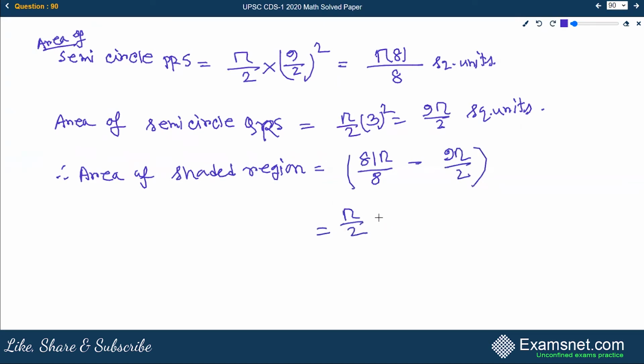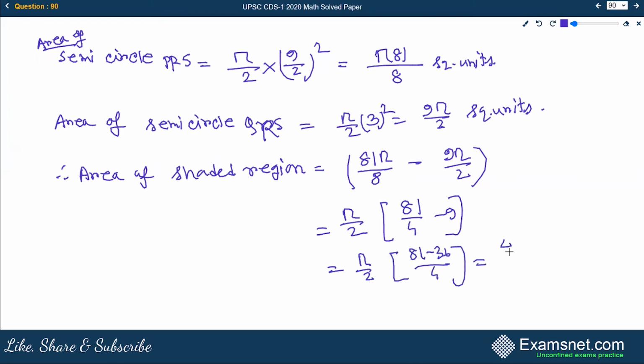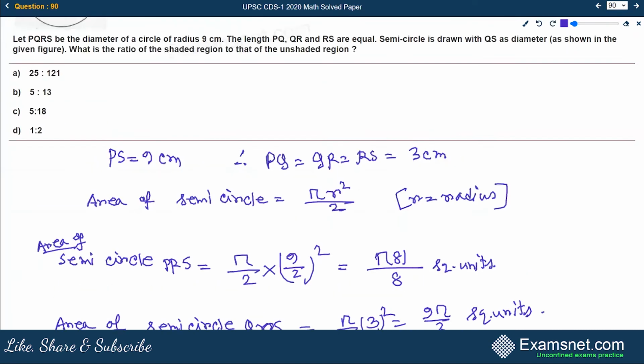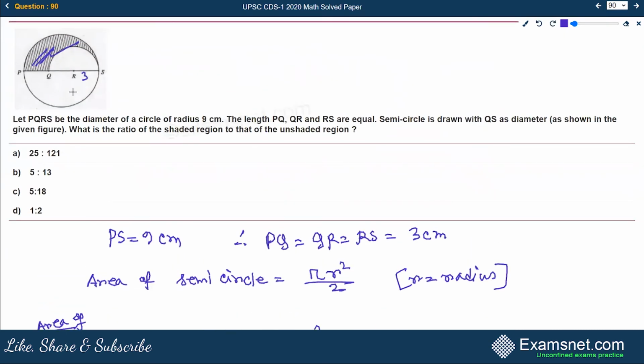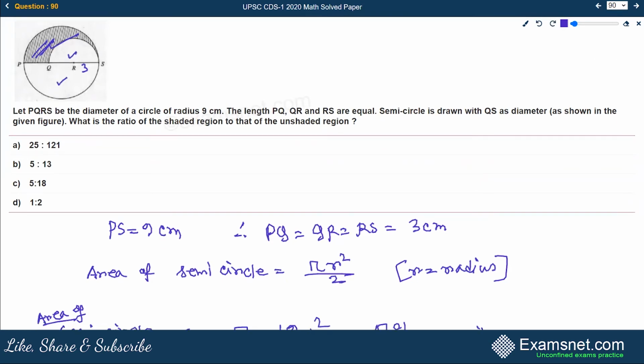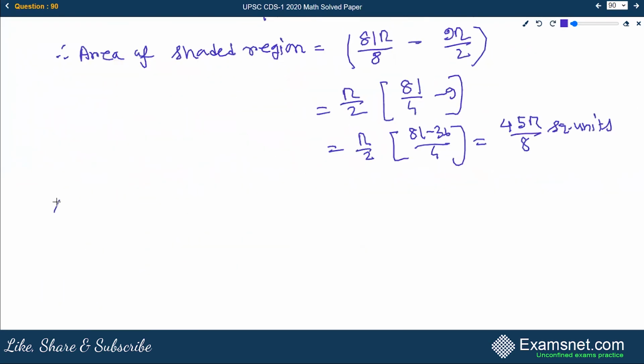Let's take common pi by 2. It will become 81 by 4 minus 9, so pi by 2 into 45 by 4. It will become 45 pi by 8 square units. Now look here, how much portion is the unshaded region? This semicircle and this semicircle. Now we will add them to get the area of the unshaded region.